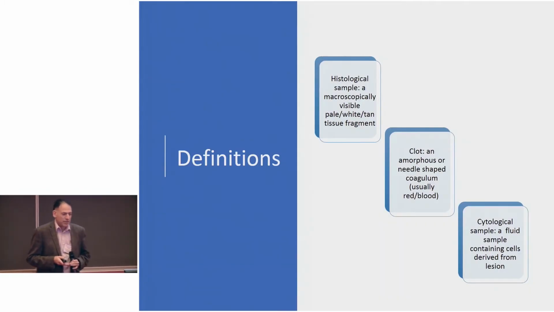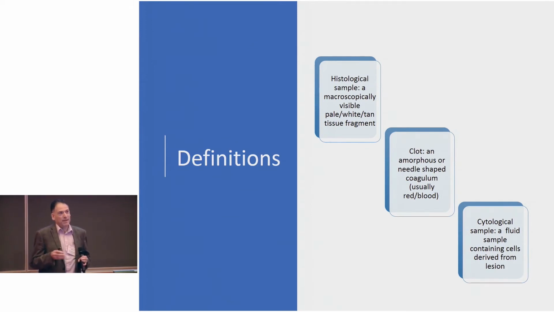So a histological sample can be defined as macroscopically visible. You take your needle, you get a bit of tissue sample from it, and you can actually see a little fragment. It might be a nice long fragment or just a little bit of tissue, which you can actually see. A clot is an amorphous, or needle-shaped coagulum.